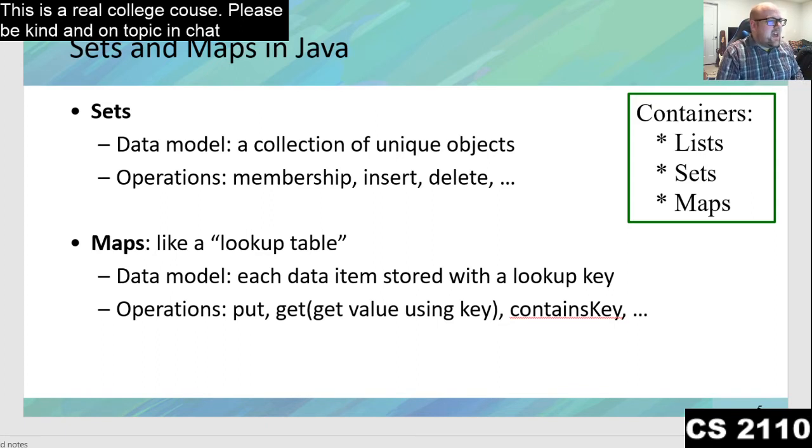And the idea of a set is we are most interested not in order. In fact, order does not matter in a set. Rather, we are interested in membership, whether or not something is inside of a set or not. And then with maps, you can think of it like a lookup table, which we'll get into some examples of what I mean by that in a sec.